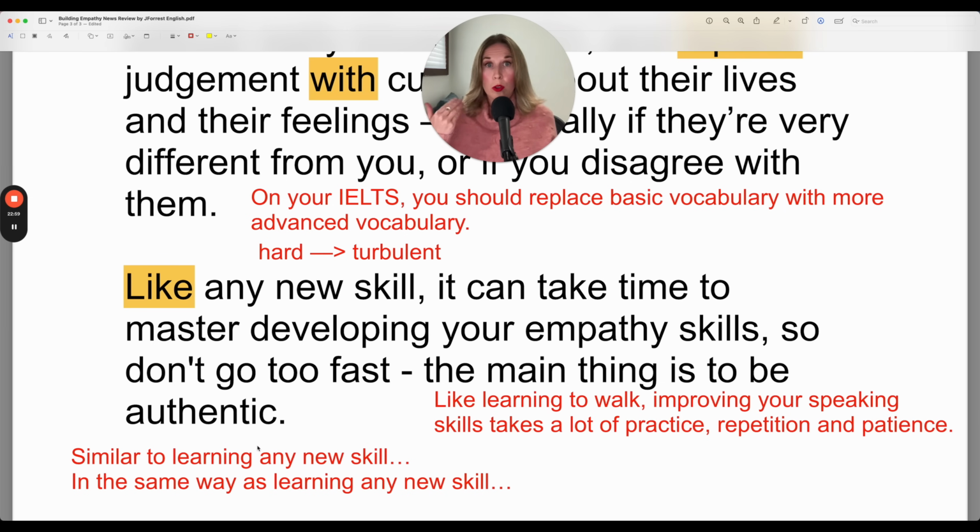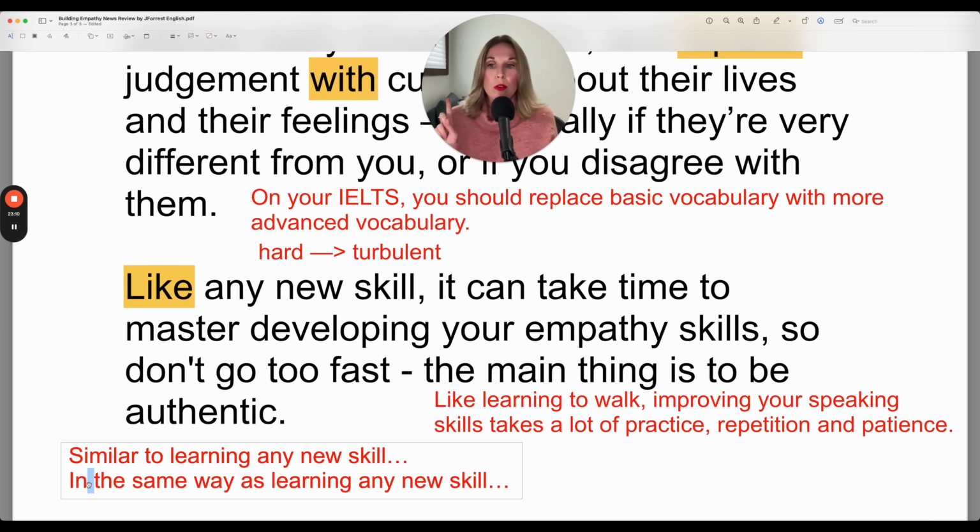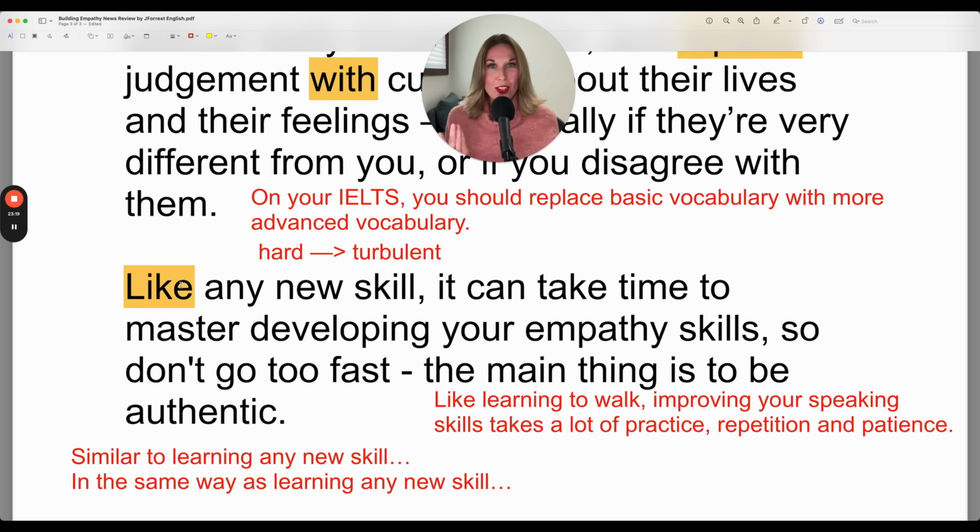Similar to learning any new skill, in the same way as learning any new skill. So like means similar to or in the same way as. So notice the difference here. In the same way as, you need all of these words, or you need similar to, or you can just use the one word like.